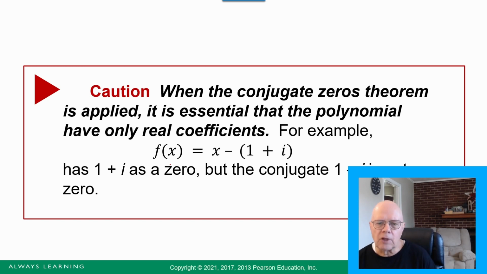Now, a reminder that here is a complex number. If it's a 0, then remember that if this is 0, the conjugate is not necessarily a 0. If that has 1 plus i as a 0, the conjugate is not necessarily a 0.